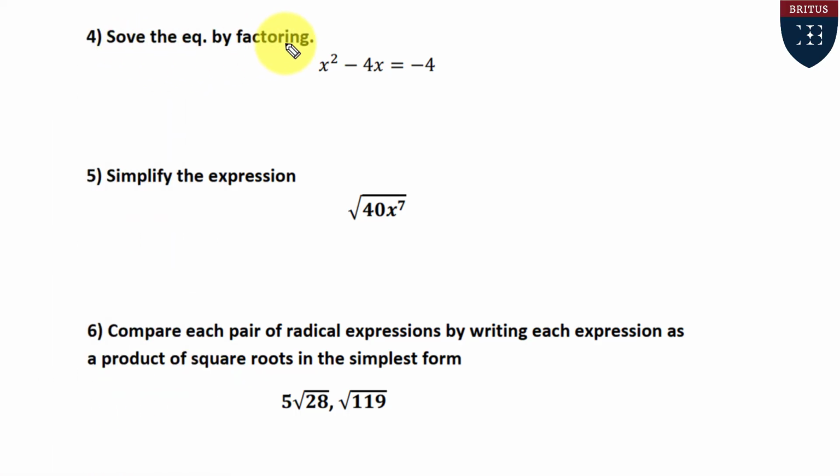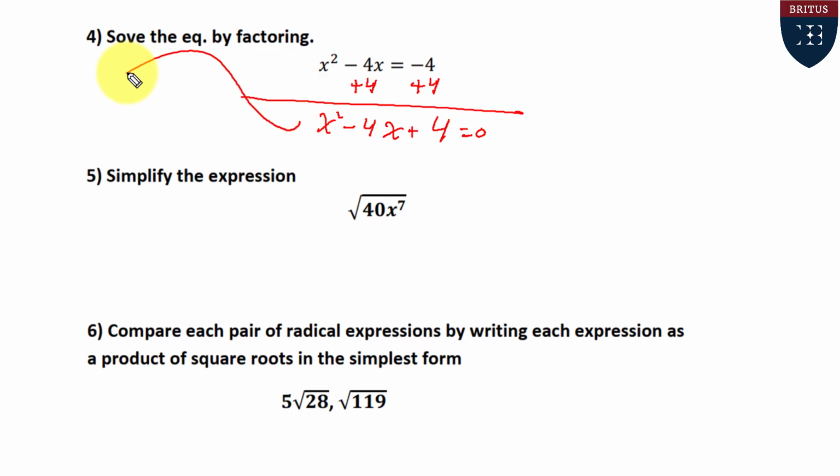Number 4. Solve the equation by factoring. What's the first step? To write the equation in the standard form. Just add 4 to both sides, we get x squared minus 4x plus 4 is equal to 0. What about the expression x squared minus 4x plus 4? It's a perfect square trinomial we studied.